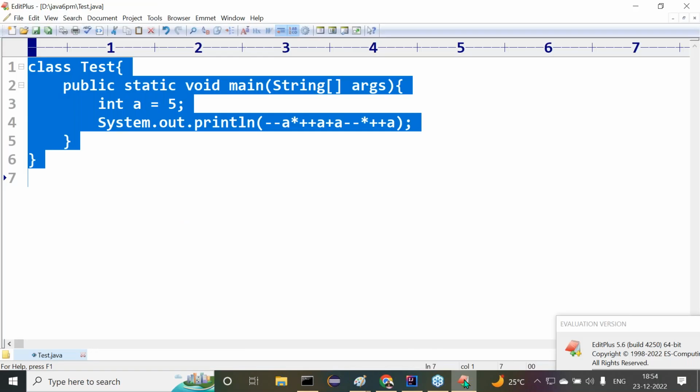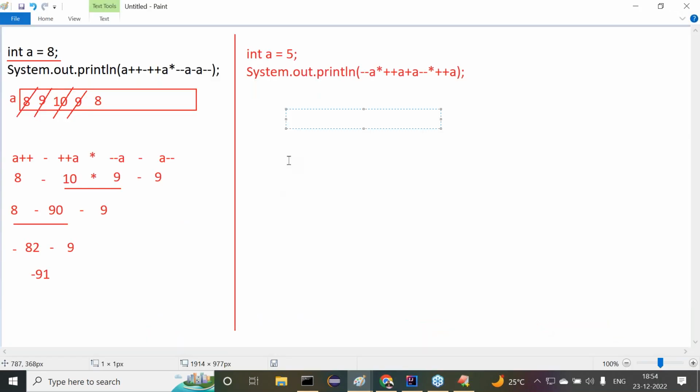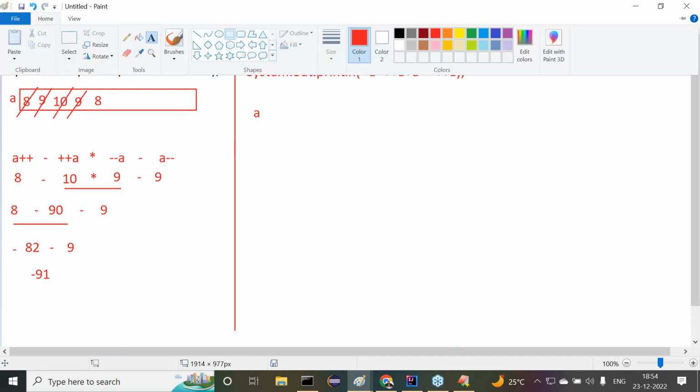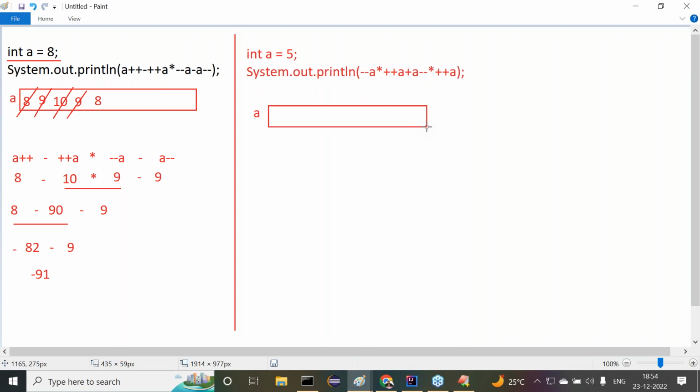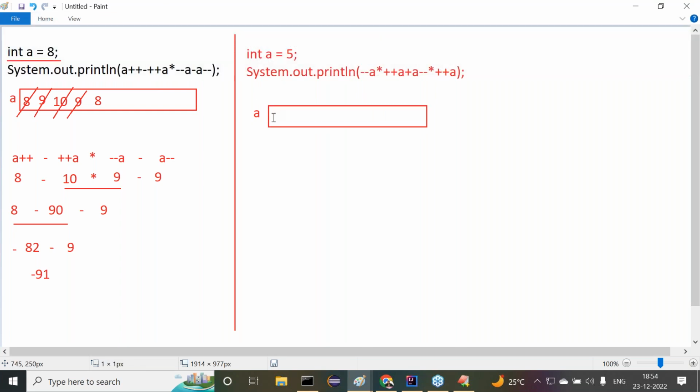First of all, a variable will have 4 bytes of memory, where the value is 5. Observe carefully.